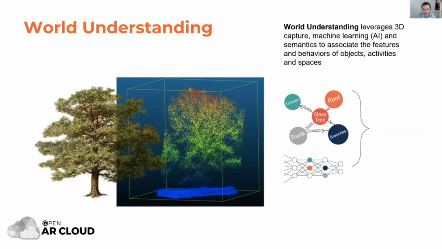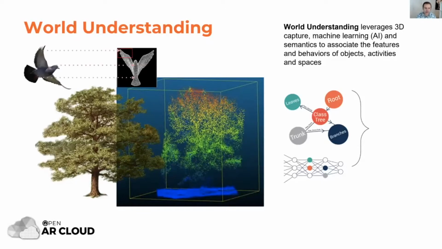Now you have point cloud data, and you can segment that point cloud data, and you have a representation of the whole tree, and you have the different parts of that tree, like the trunk and the branches and the leaves or the roots. Now you can imagine some other entity in the world. You identify that object, and you know something about what this is. This is a bird, so a winged flying being, and you know that there's a typical behavior associated with this bird and how it relates to the tree, where it tends to like to fly to a branch and sit on that branch.